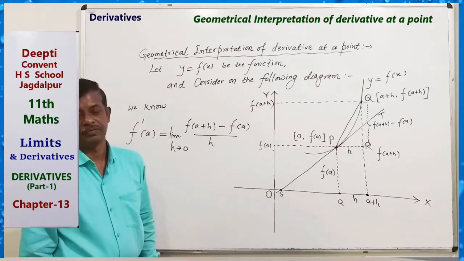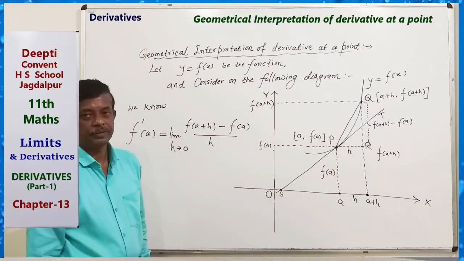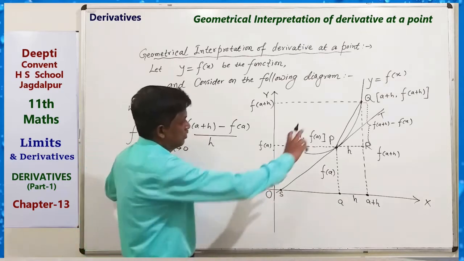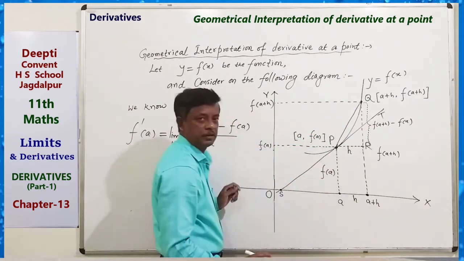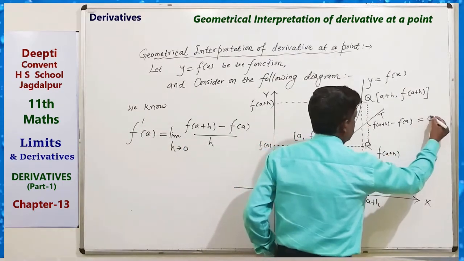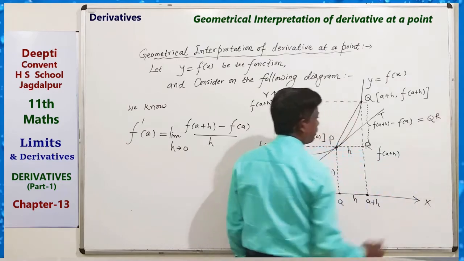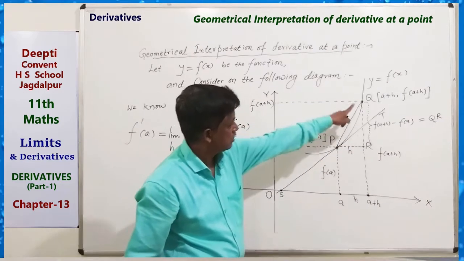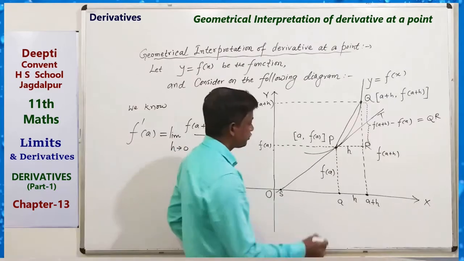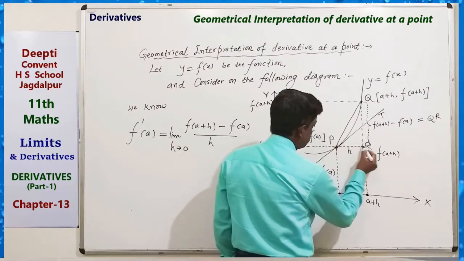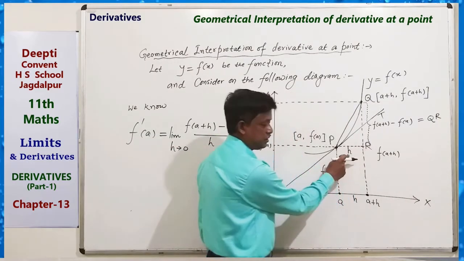This value is Q1, this side. And this value is what? h.